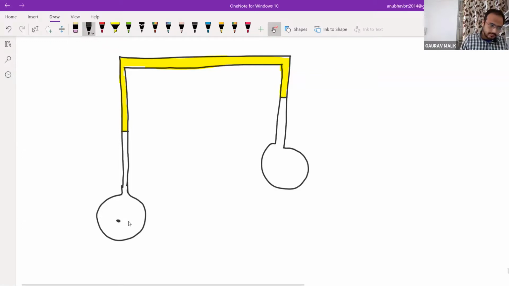This point is B. This point is A. And heights are given. This is 0.5 meter.